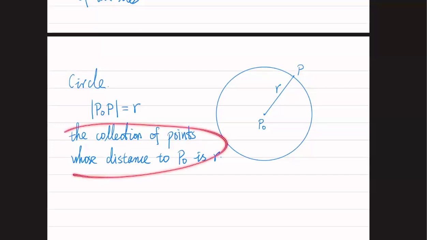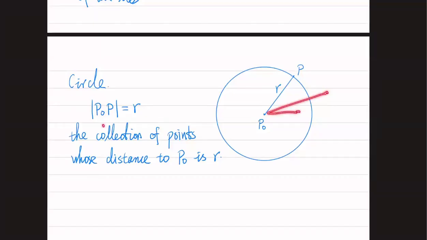Words and formulas mean the same thing. Any point, if the distance is not r, it's not included. Any point, if the distance is r, then it's included. Put them together, you get this, we call it a circle.